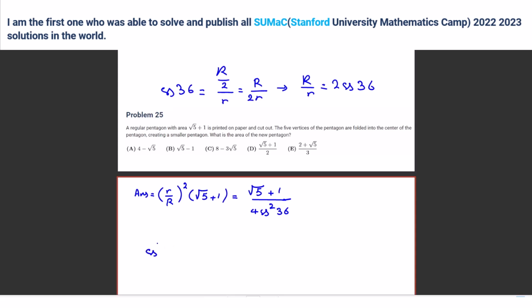How can we relate cos squared 36 to cos 72? Cos 72 is 2 times 36. No, try again. Find this one in terms of cos 72. It's like half of it. Half of what?